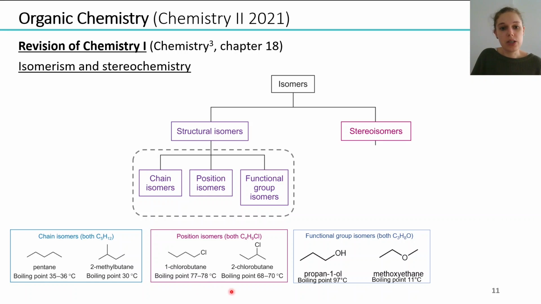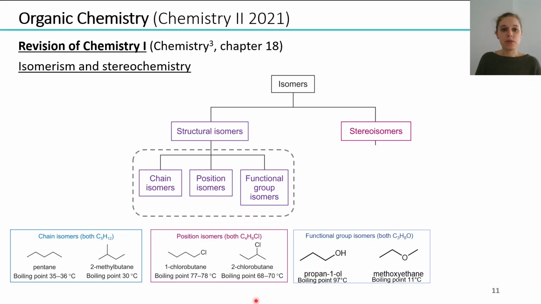However, you could also draw the same carbon chain with the position of the chlorine not at the end position, but on the second carbon atom. Then we have 2-chlorobutane. So a position isomer has a functional group which is at a different position in the carbon chain. And again, we will see different physical properties, for example, a different boiling point.